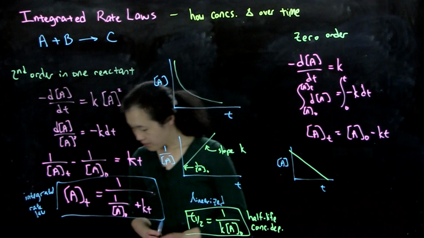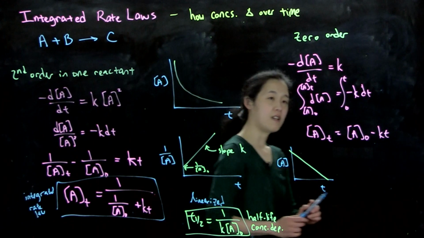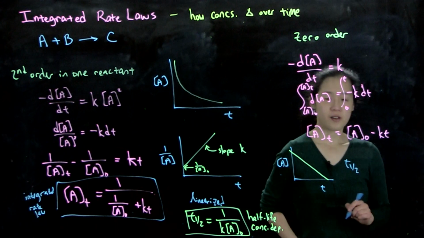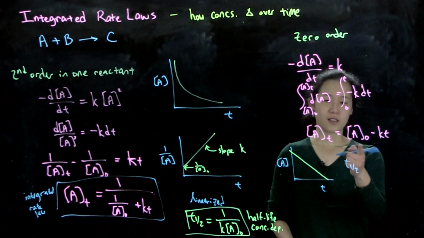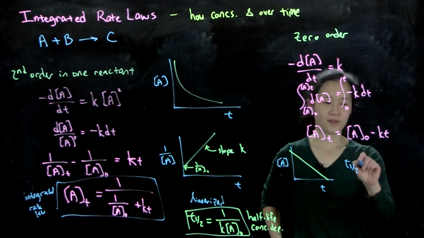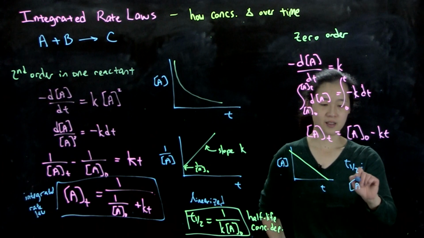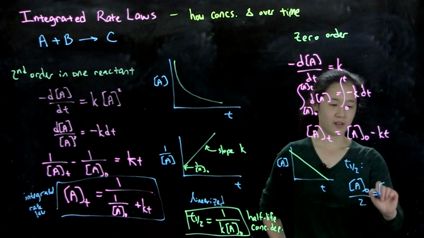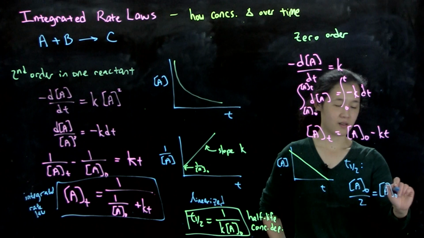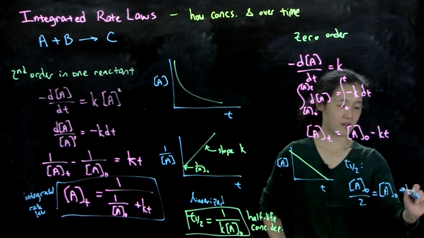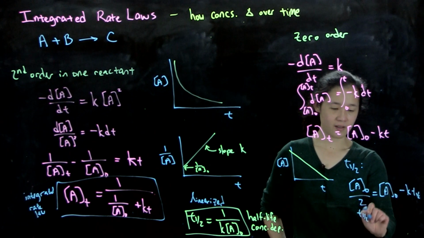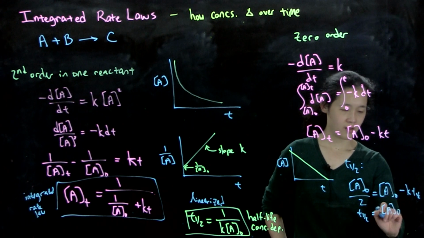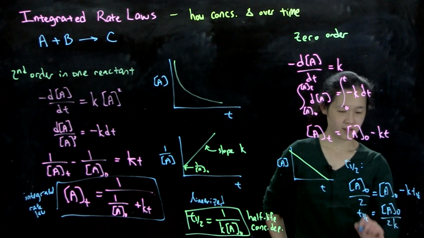OK. And if you want to solve for t1/2, let me quickly do this. A at time 0 over 2 equals A at time 0 minus k t1/2, so t1/2 equals A at time 0 over 2k.